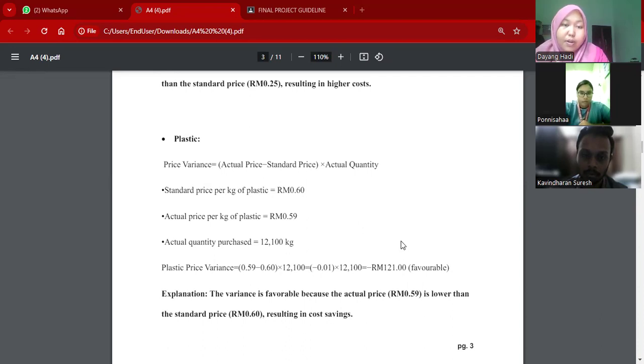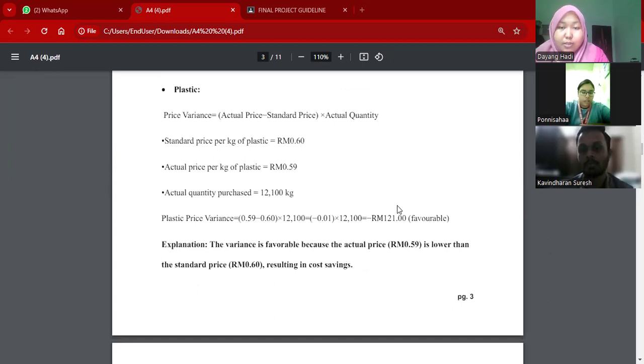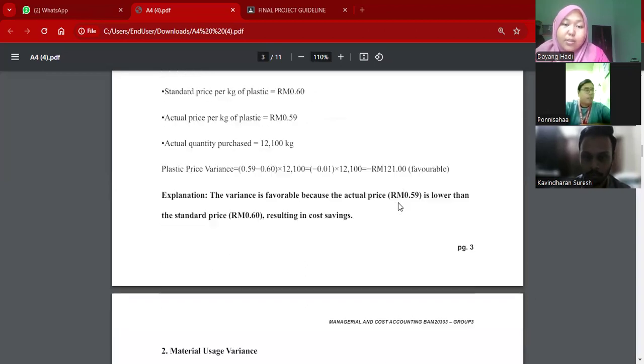So the plastic price variance is 0.59 minus 0.60 times 12,100, equals minus 0.01 times 12,100, which sums up to negative 121 ringgit. So it is favorable, because the actual price of 59 cents is lower than the standard price of 60 cents, resulting in cost saving.